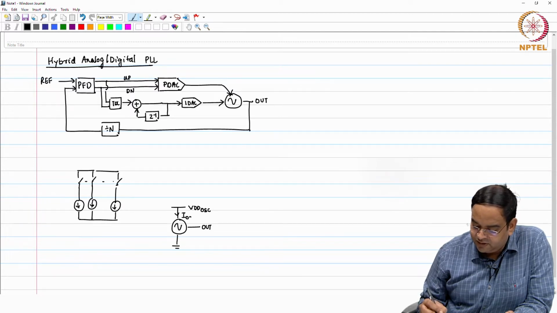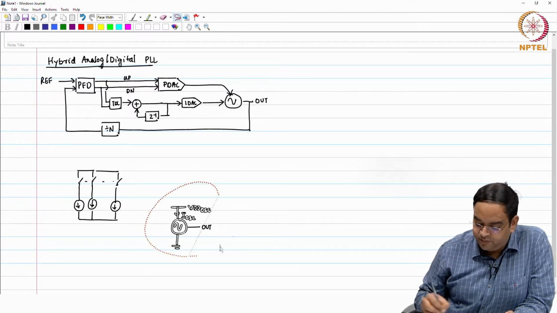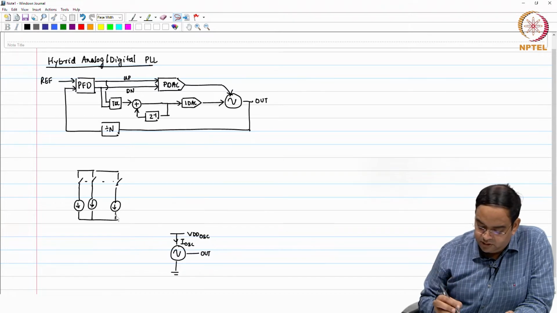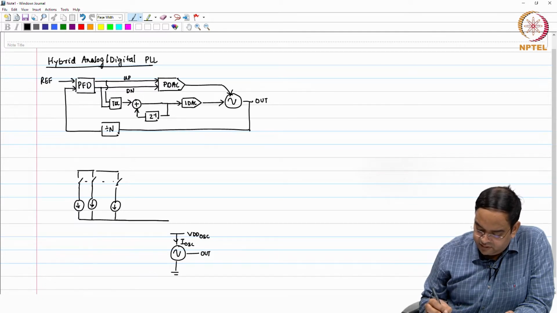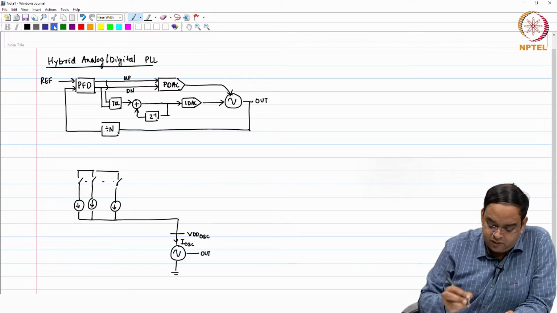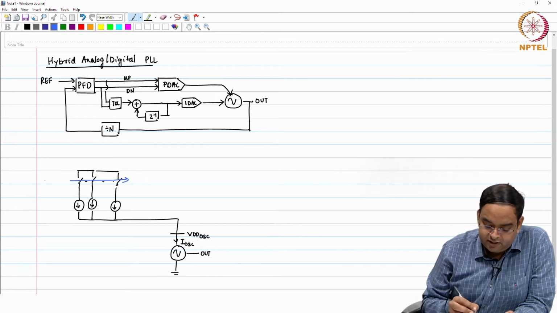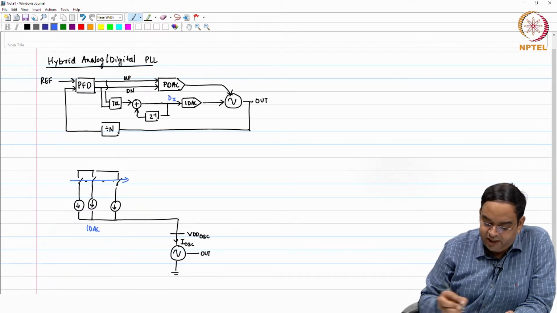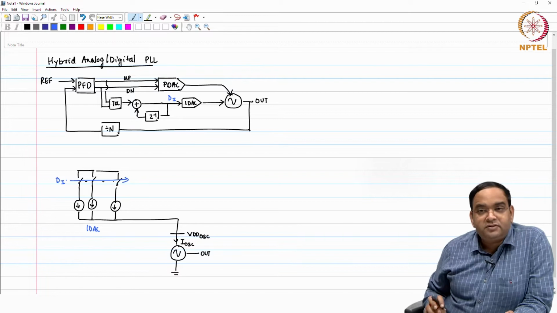So, this is I oscillator, I will just bring it down. This current source is fed to the oscillator like this. You are controlling the current. This is your IDAC by the way, and the digital bits coming in, DI, are going to control this.